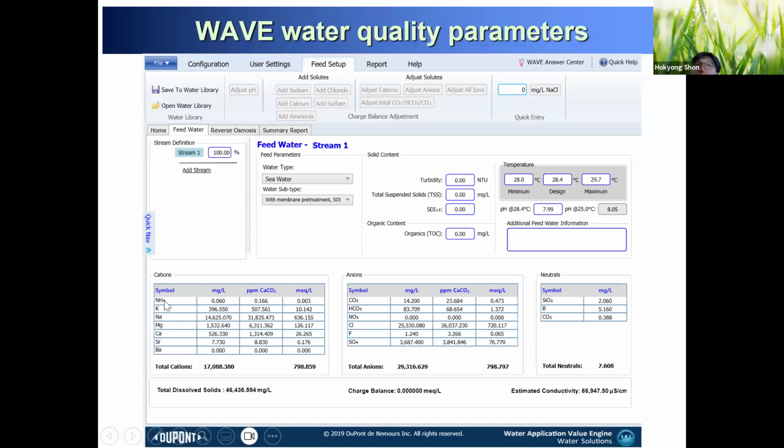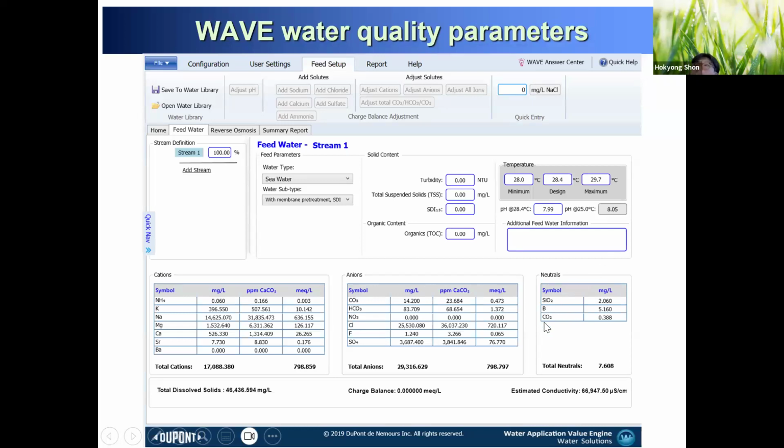The more detail you incorporate in this software, the better, because this will give you inorganic scaling potential, also your water flux potential, also your osmotic pressure potential, which will be required for your design of the seawater desalination plant.